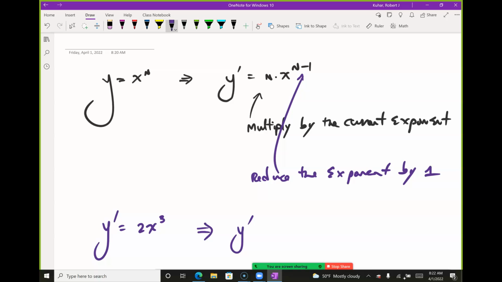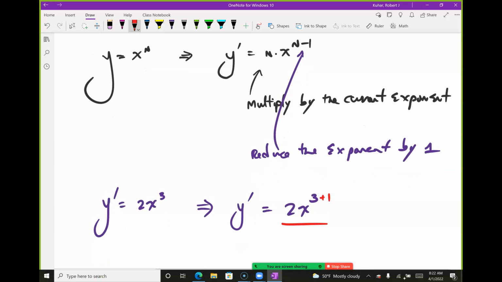So I'm going to divide to get the new coefficient in my antiderivative. And remember what I did second in the derivative: I subtracted 1 from the exponent. So what am I going to do now? I'm going to add 1 to the exponent first. So I'm going to go 2x to the 3 plus 1. I'm adding 1 to the exponent, and then dividing by that new exponent, and then adding my constant c.